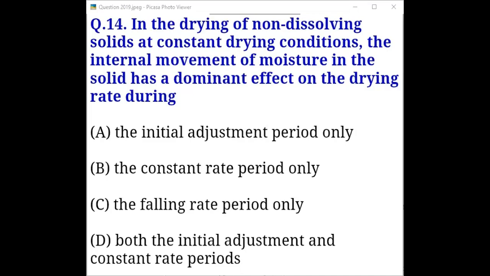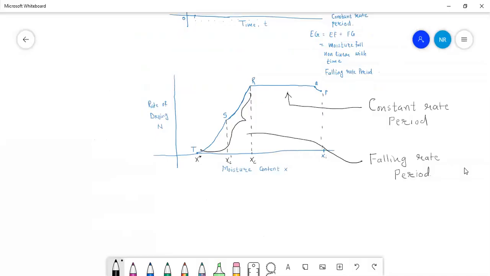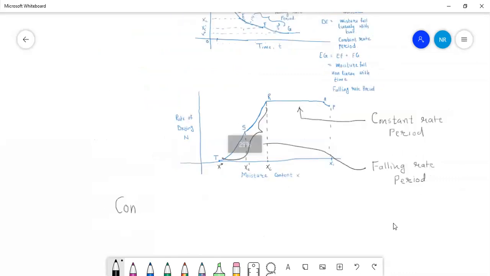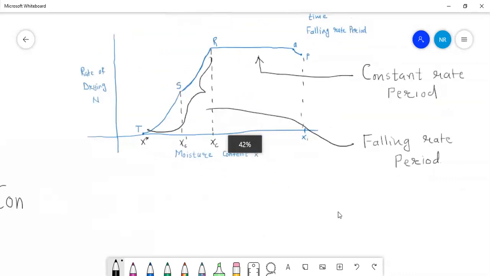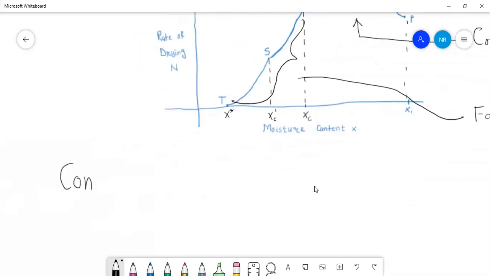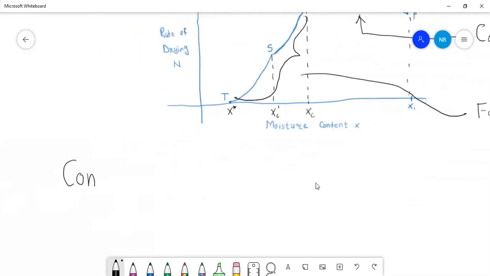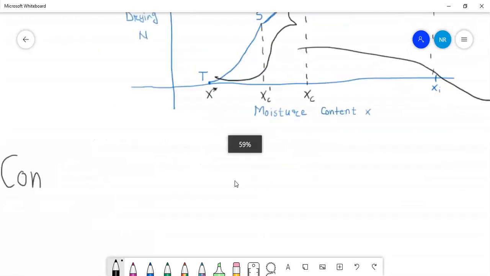We have one equation, the equation for constant rate period. Just students, 1 to 2 minutes, then we stop this lecture.